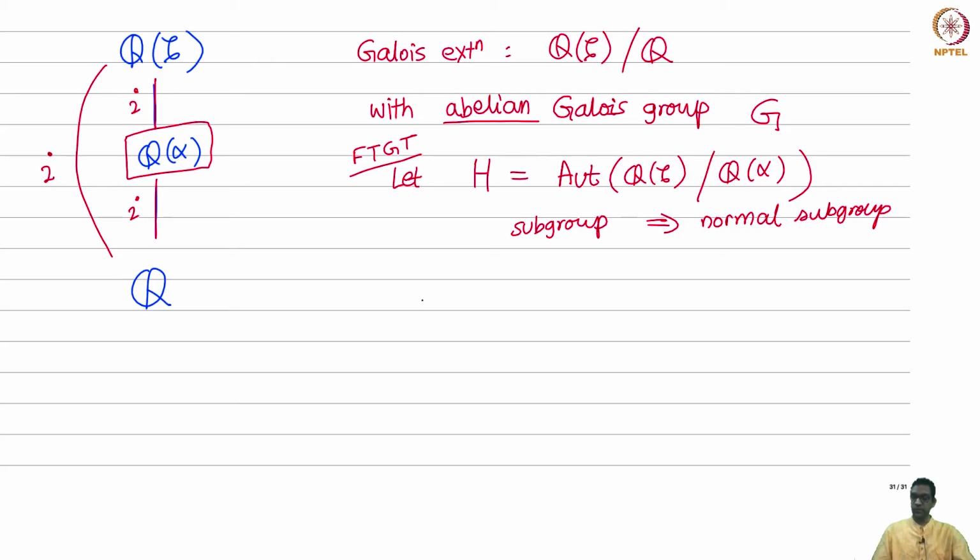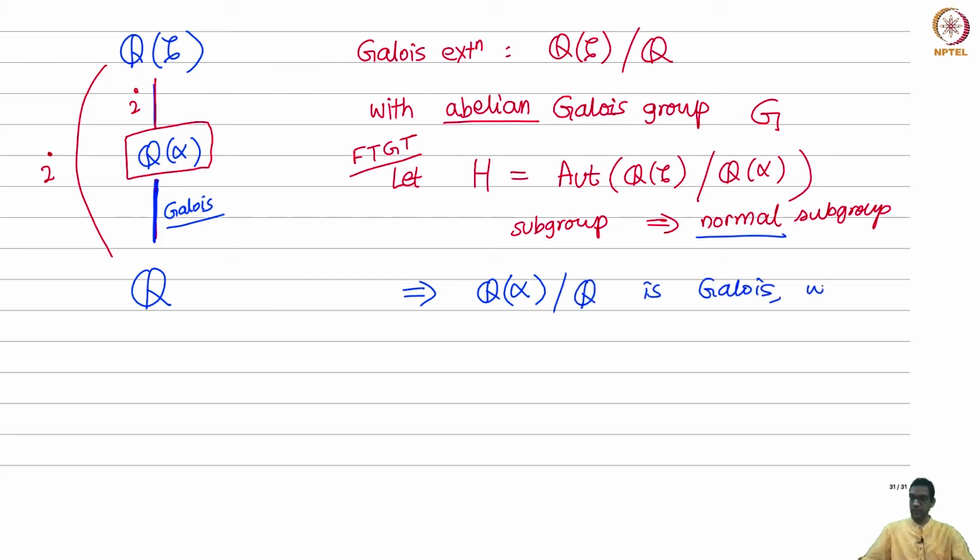It says if your subgroup is normal, then in fact the subfield that it corresponds to, which in this case is Q(alpha), is Galois over the base field. Okay, so this therefore implies, I'm using the follow up to the fundamental theorem, which says that if H is normal, then the subfield that it corresponds to, which in this case was Q(alpha) over Q, is Galois.